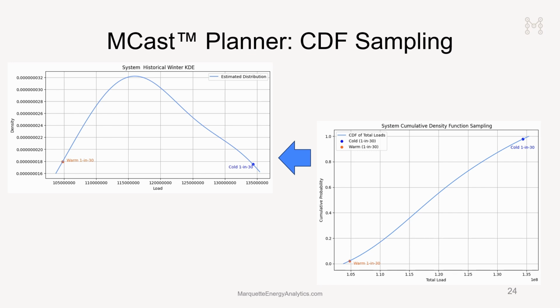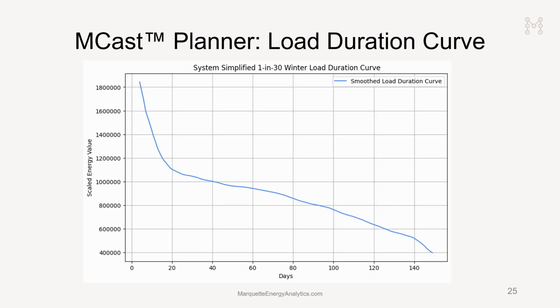And with this, we now have the key probabilistic data point needed to forecast our 1 in 30 cold load duration curve, specifically the probabilistic total load for our 1 in 30 cold condition. And without further ado, here is the product of all our hard work translated back into a simplified MCAS Planner cold 1 in 30 load duration curve.